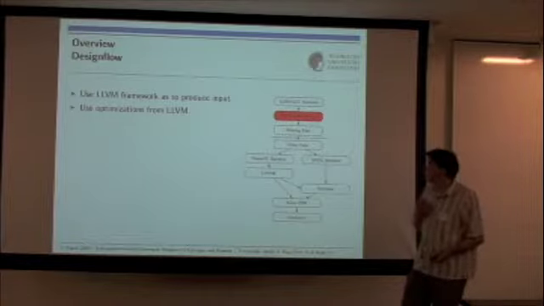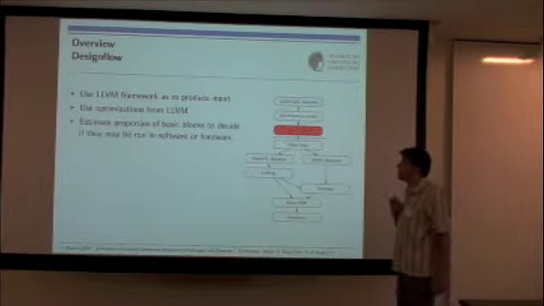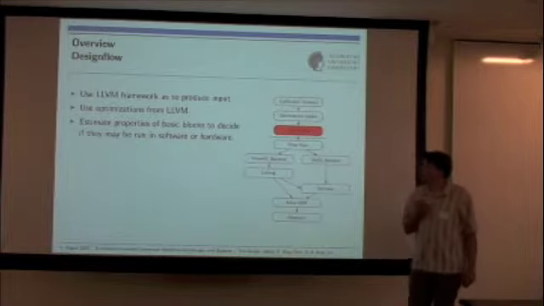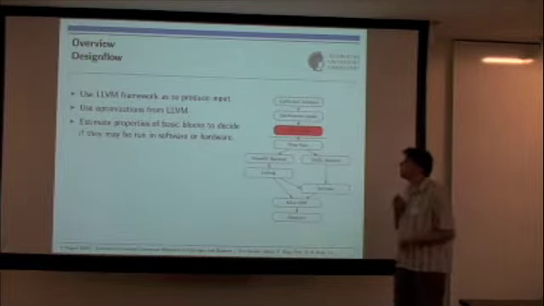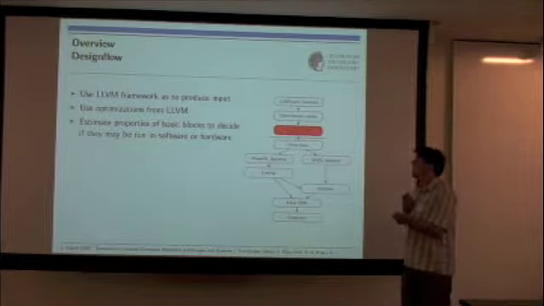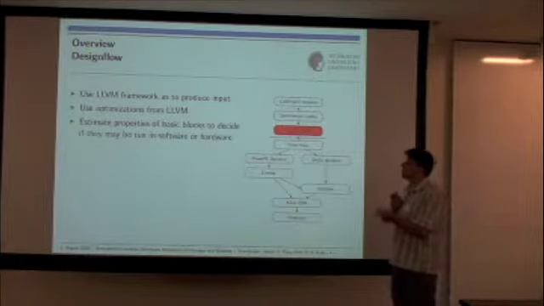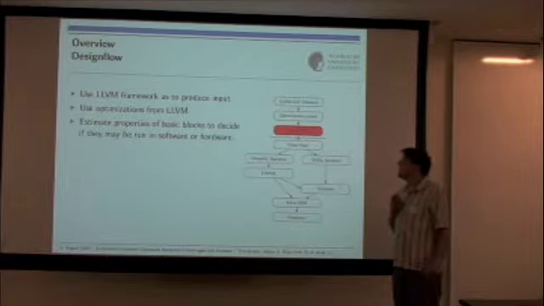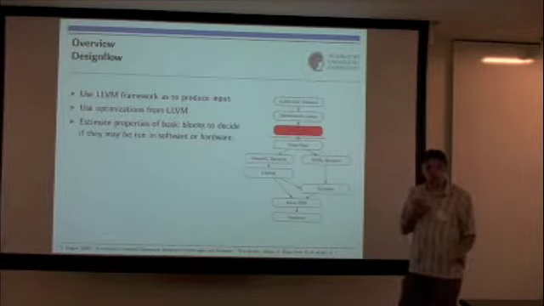And then the next step is the binning pass. The binning pass is a simple pass which decides if the algorithm or the basic blocks looked at are to be executed in software or in hardware.